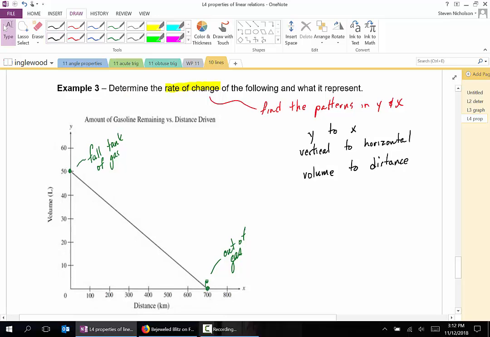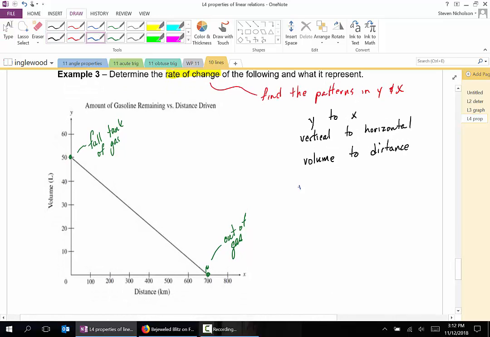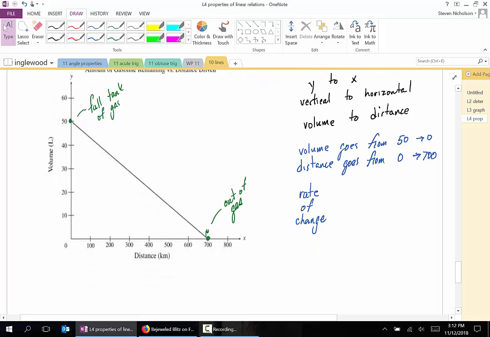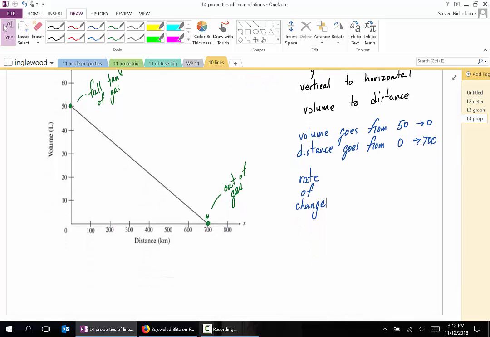And again, what we should notice is the volume goes from 50 to 0. And the distance goes from 0 to 700. So our rate of change, remember, rate of change is a straight line where rate of change means constant pattern.